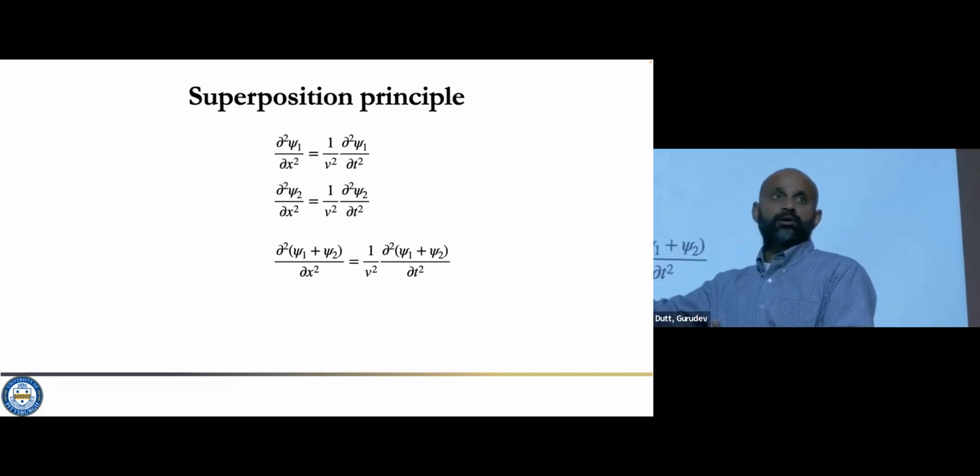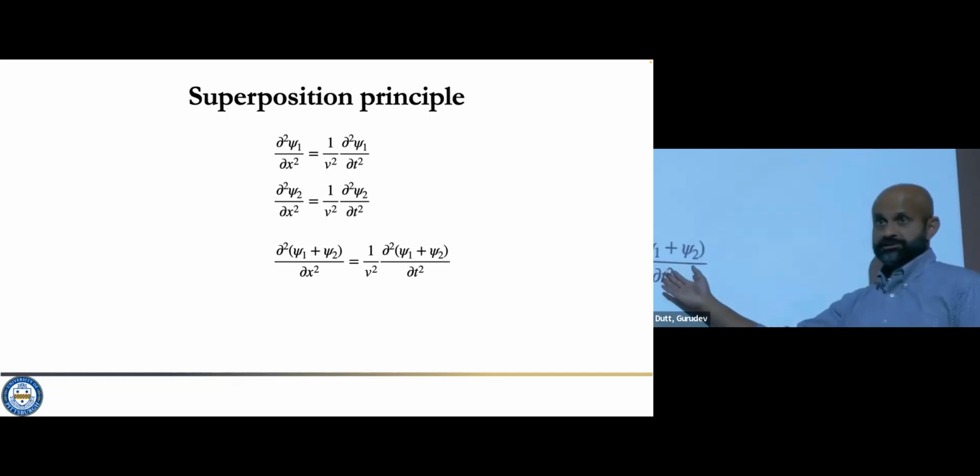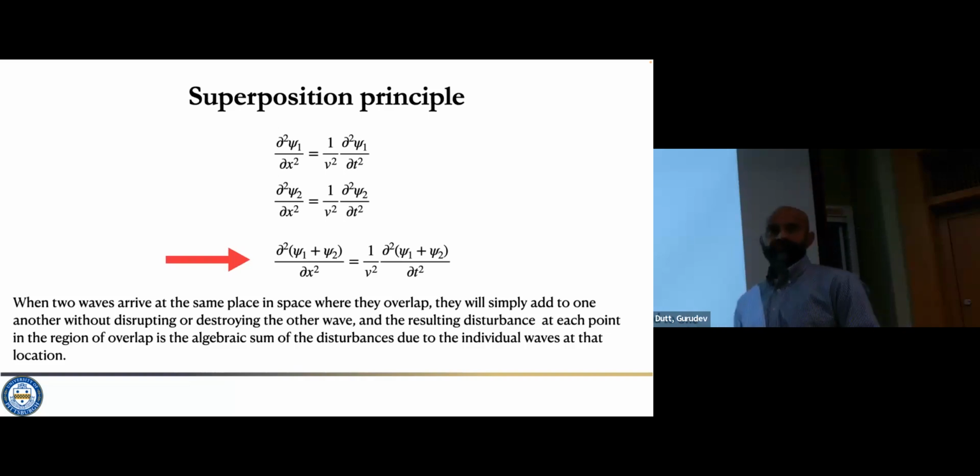The answer is that any combination psi1 plus psi2 is also a solution of the wave equation, which is clear from the expression. Because each of these individually satisfies the wave equation, the sum of them or the difference or any linear combination will also satisfy it.